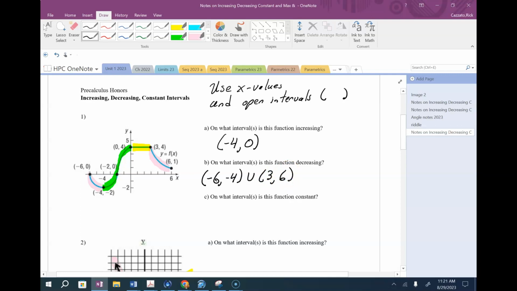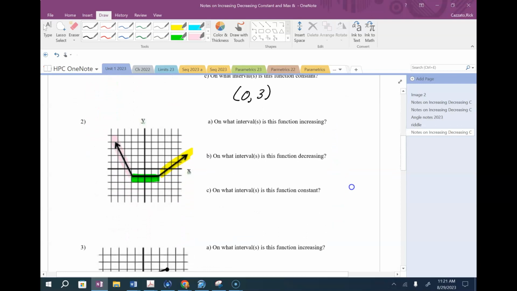And then it is constant in the yellow, so we're going to say 0 to 3. Notice I use the x values in open intervals because in this particular problem, if it's changing from pink to green, it's changing, so that's why we don't include the -4, meaning we use open intervals.